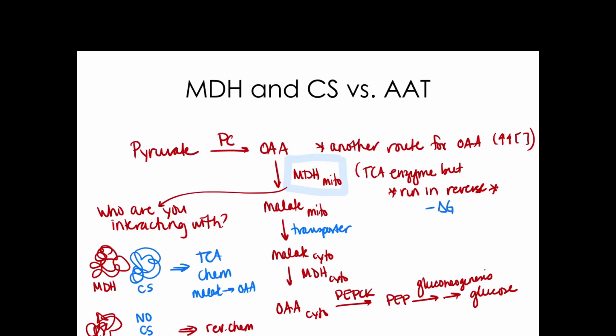Now, what I want to highlight is that's a different kind of chemistry than what we want malate dehydrogenase to do if it's helping to do the malate-aspartate shuttle. All right, so remember, pyruvate can be converted into oxaloacetate by pyruvate carboxylase. So again, that's going to make oxaloacetate not by the citric acid cycle, but by another route.